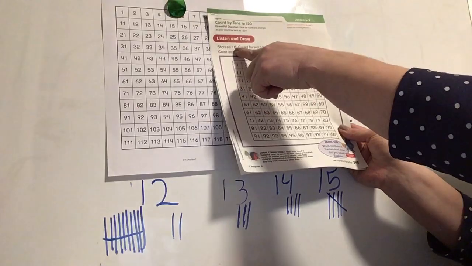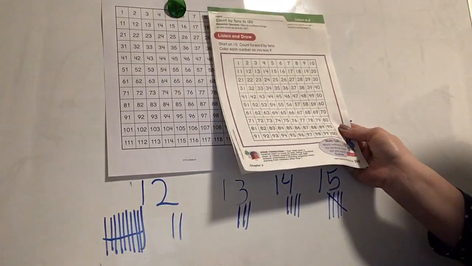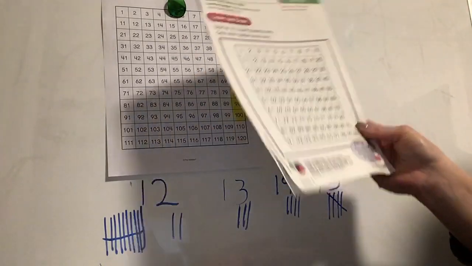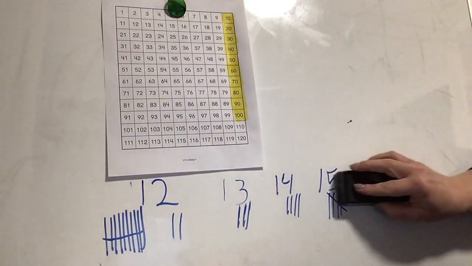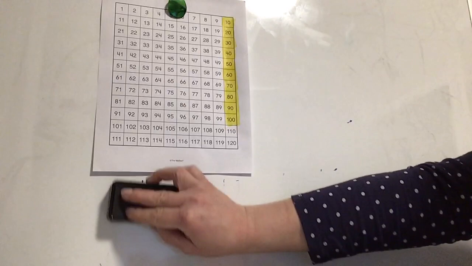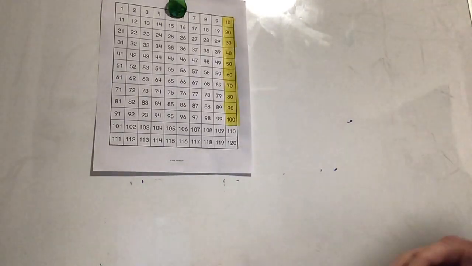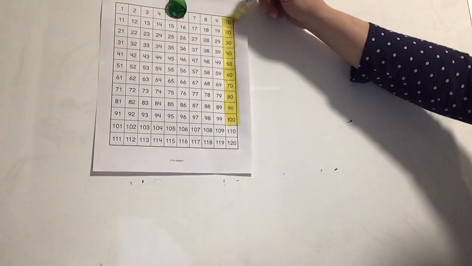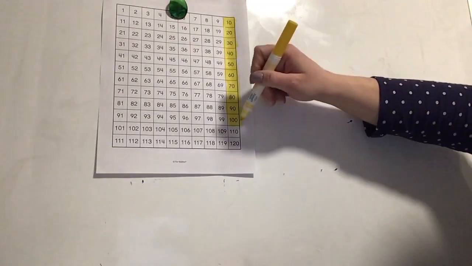So again, let's look at our page and see what we are asked to do. We need to start on 10 and count forward by tens. Color each number as you say it. You already know how to count by 5s, by 2s, and you already know how to count by tens as well. So let's find 10, and Mrs. K already found it, and I already colored all my column.